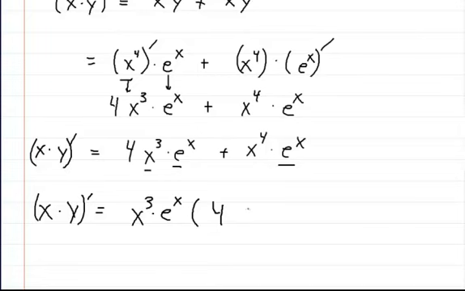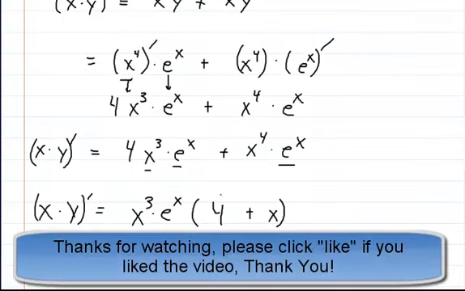And over here it just leaves you with an x. If you multiply x cubed times e to the x into 4, you get 4 times x cubed times e to the x. And if you multiply this into there, you just get x to the fourth power times e to the x. So that's how you deal with these.